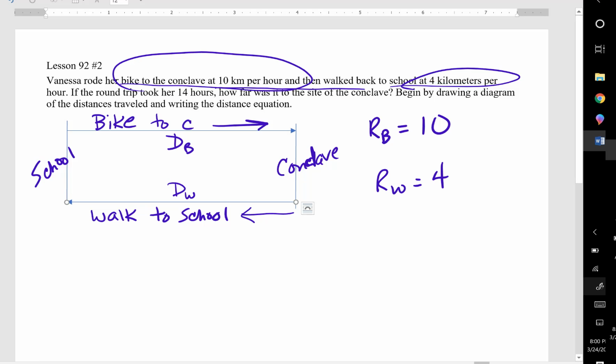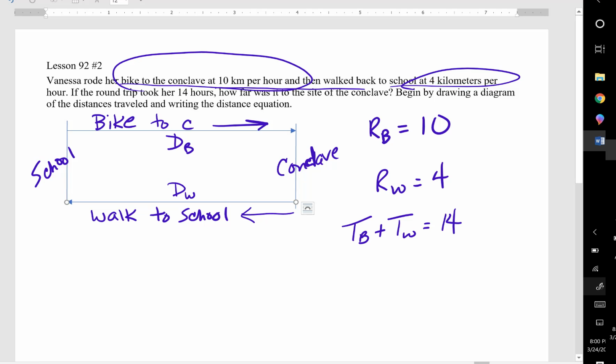And then it tells you that the round trip took her 14 hours. What that means is that the time it took to walk there and back altogether was 14 hours. So round trip means there and back. So that means that the time on the bike plus the time walking was 14 hours.